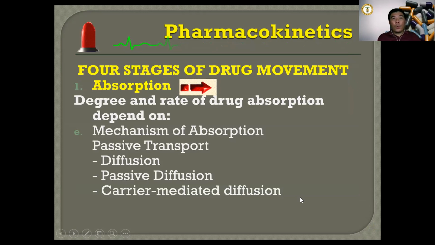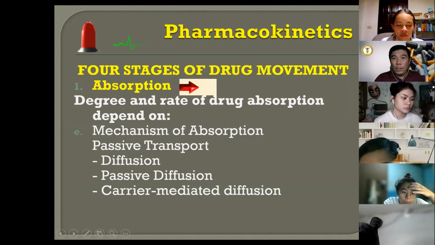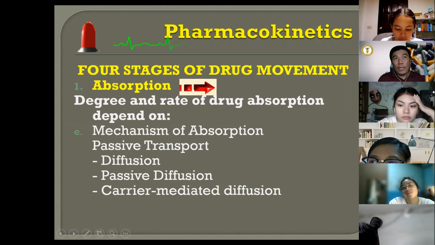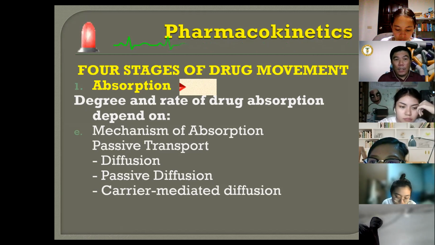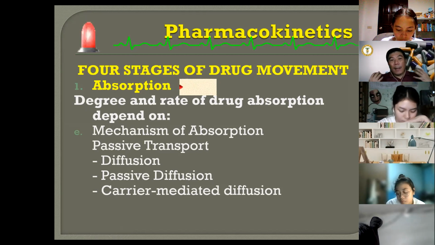Now, as mentioned with the stages of drug movement, most of what you have studied in chemistry and biochemistry is related to the concepts that help us understand how a drug takes place, how a drug transfers from one area to another, and how the drug will be distributed all over the body. So we have the mechanism of absorption. We have the passive transport.